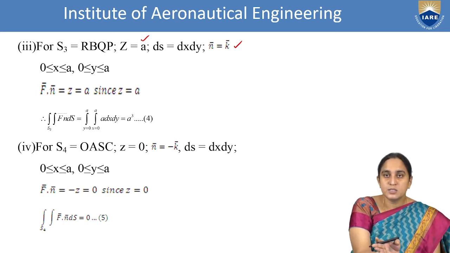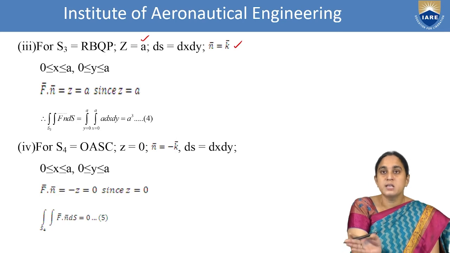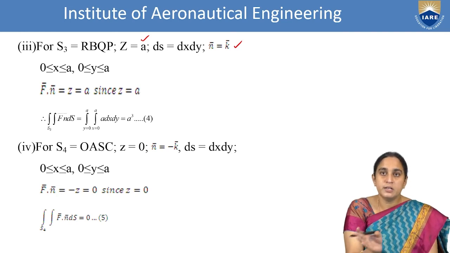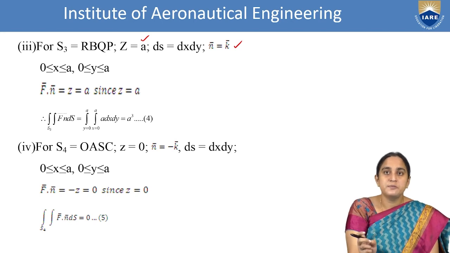That means it passes through 0 to a, so here the z limit is a, and on the negative side of the z-axis the limit is 0. That means it passes from 0 to a: first the negative direction, after that it passes through the positive. That's why in the positive you have to take the last limit, that is a.